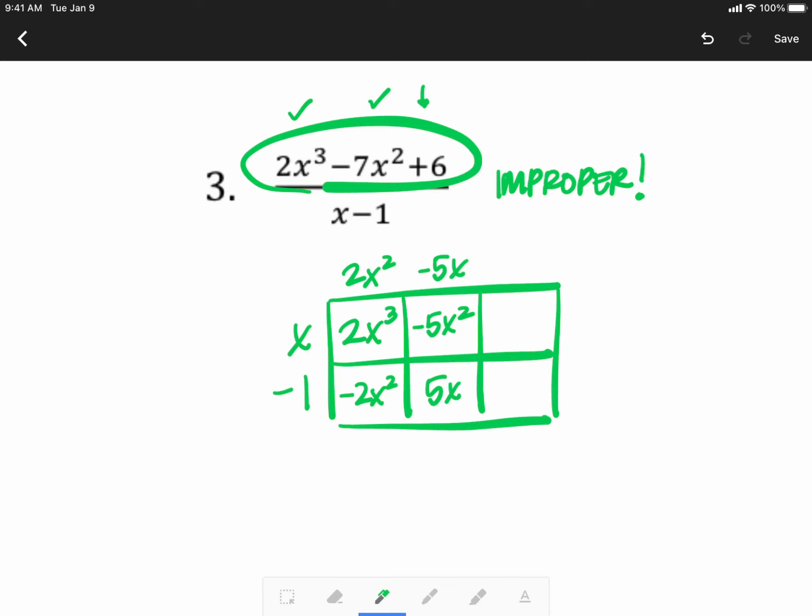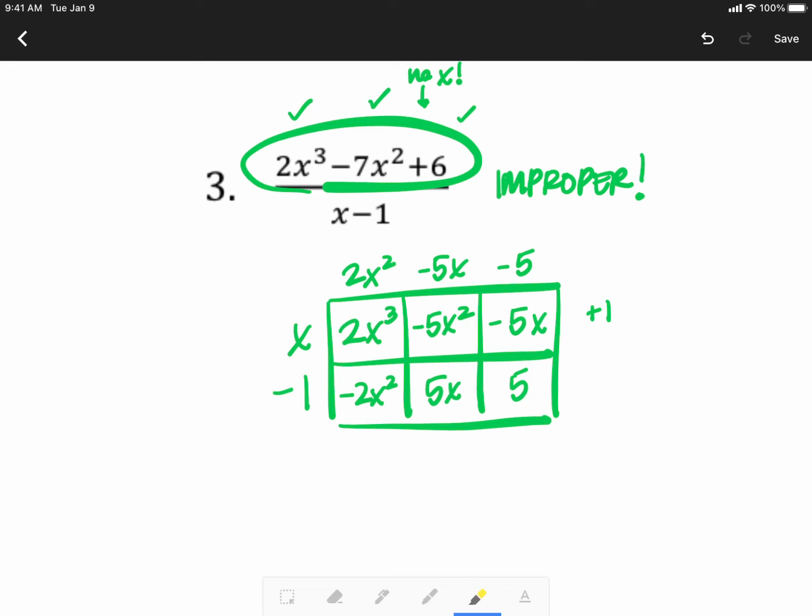So I need to cancel out all the 5x's. I need to do 5x minus 5x, to be left with no x terms. So that means I have a negative 5 right here, because negative 5 times x gives me negative 5x, and a 5 in the corner. But I need to match 6, so I do have a remainder. Plus 1 is our remainder to get us back to that 6.